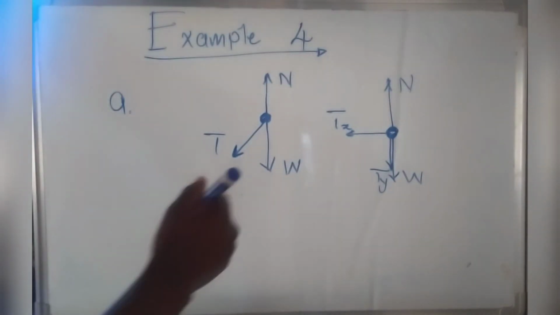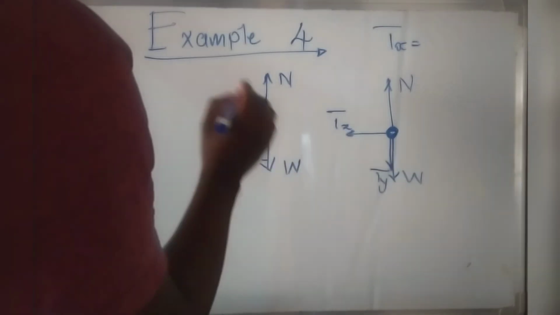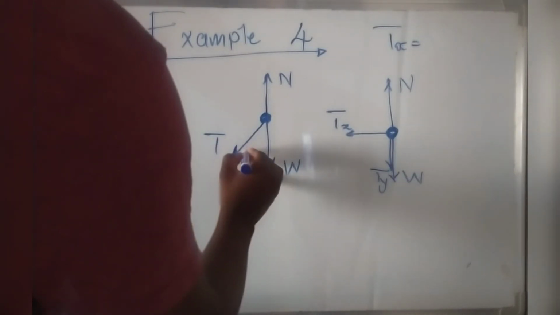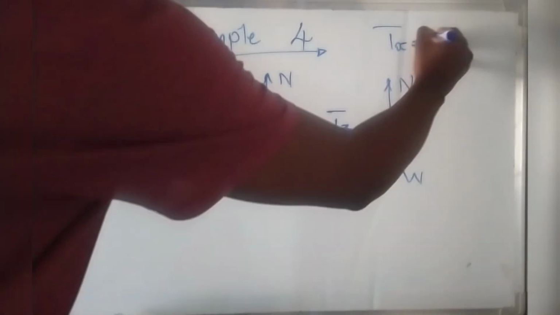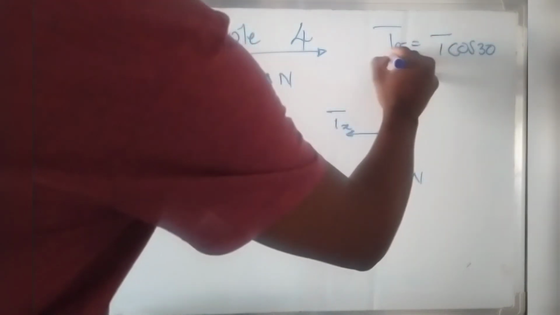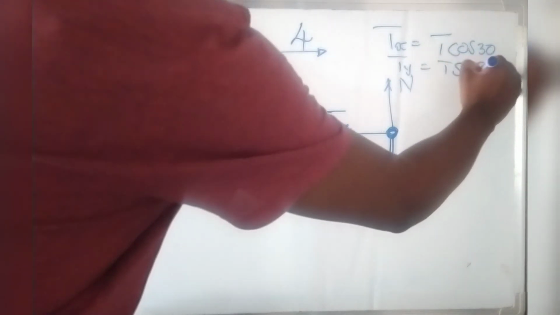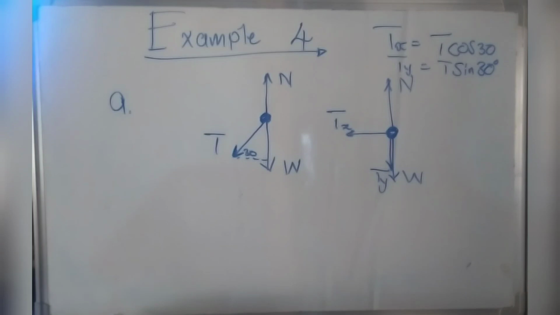In our case, Tx, which would be this one, where the angle is here, would be T cos 30, while Ty would be T sine 30. Okay, I hope this is clear.